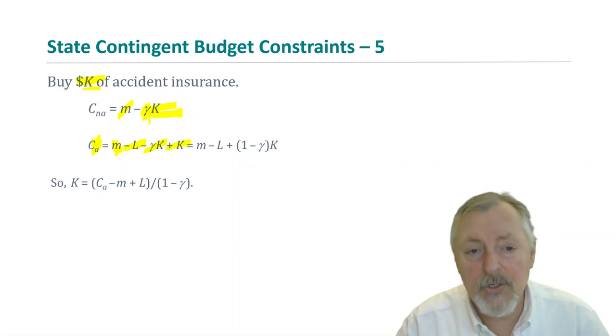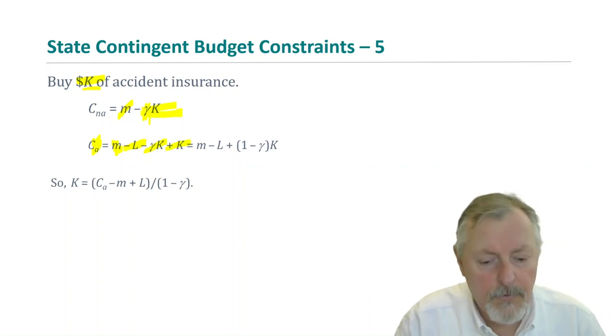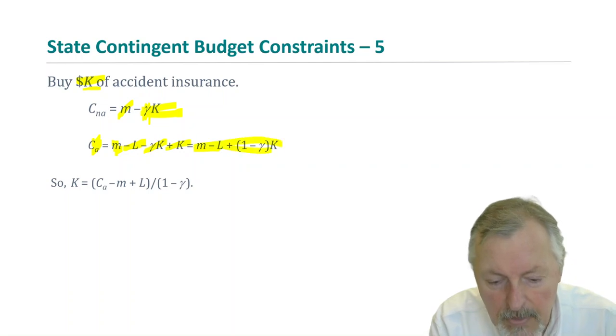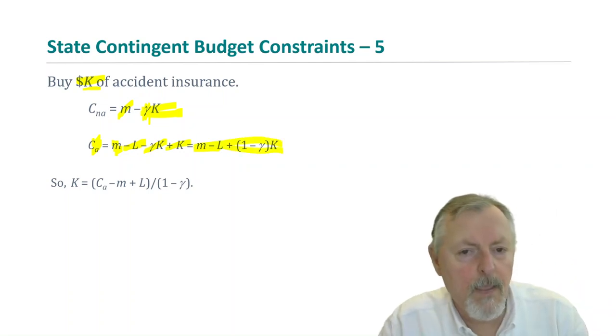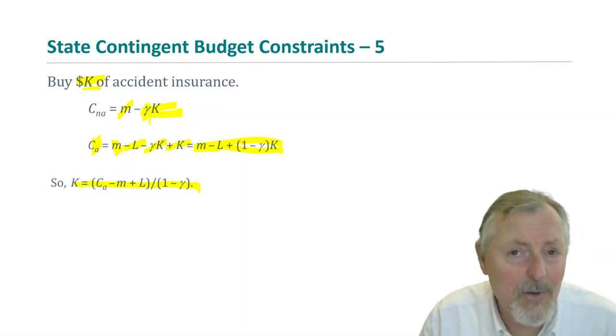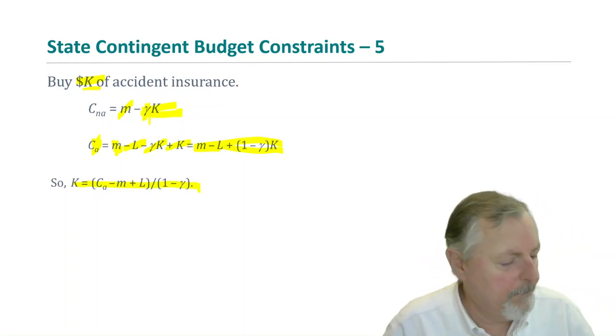Now, you do a little algebra, you can factor out the K's, and you get that. And if you solve for K, you get that. Why would you want to solve for K? I'll show you.